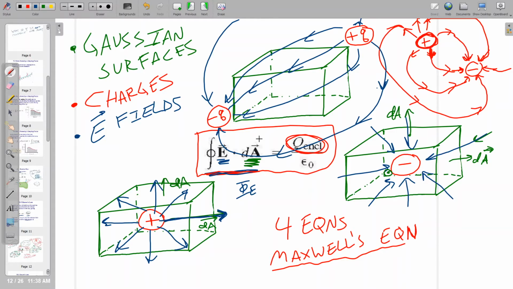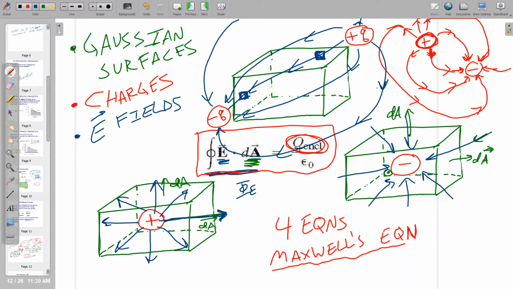There's going to be a negative contribution from this top part where the field goes in. But when it comes out through this side, it's going to have a corresponding positive contribution. So there'll be a negative contribution when I integrate over this little part, and a positive contribution when I integrate over this part.